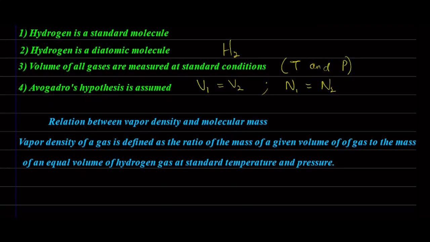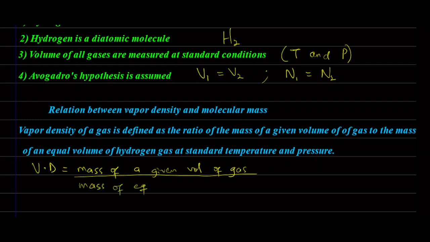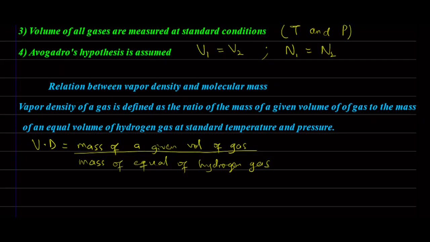As we have said, let's look at the formula. That means our vapor density is equal to the mass of a given volume of gas over the mass of an equal volume of hydrogen gas.